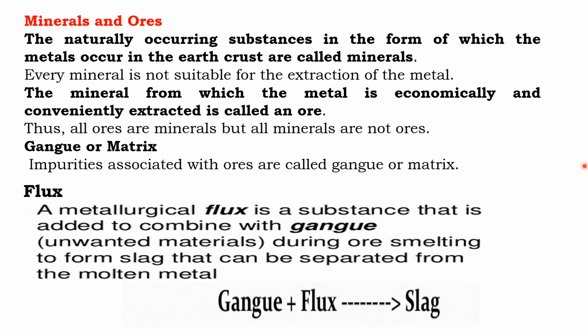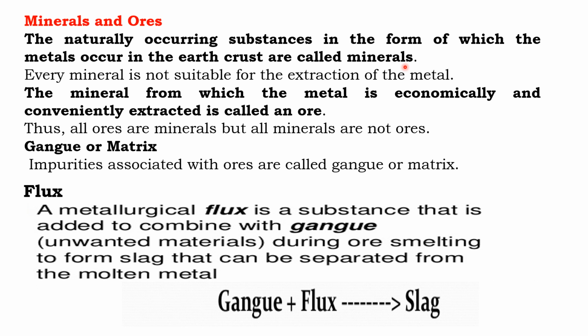Now see these terms: minerals and ores. The naturally occurring substances in the form of which the metal occurs in the earth crust are called minerals. The majority of the metals combine with oxygen, carbonates, water, and exist as carbonates or oxides or hydroxides.